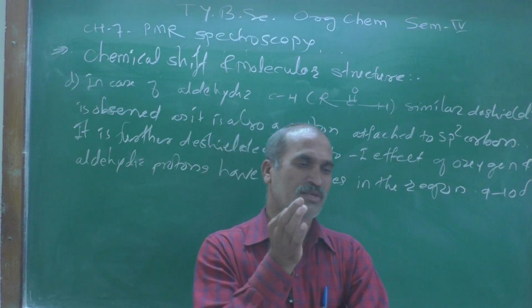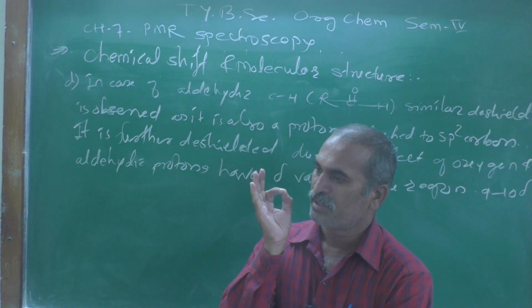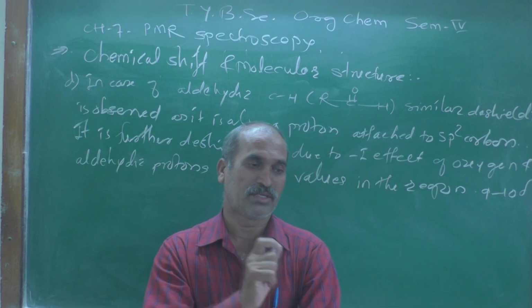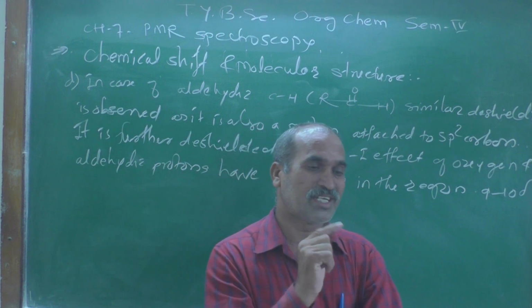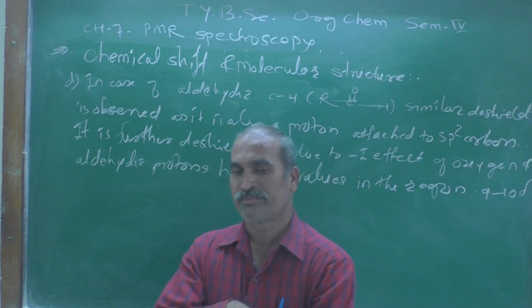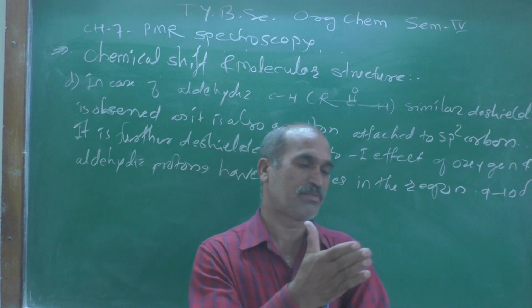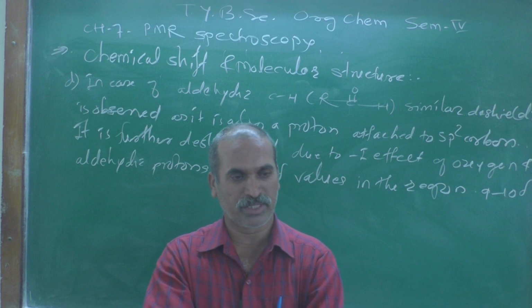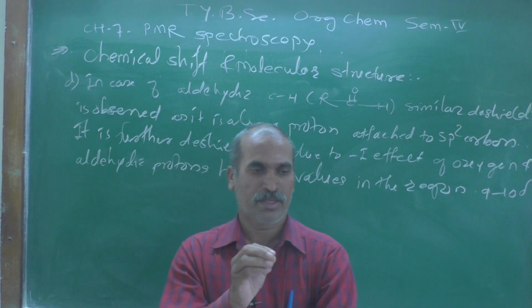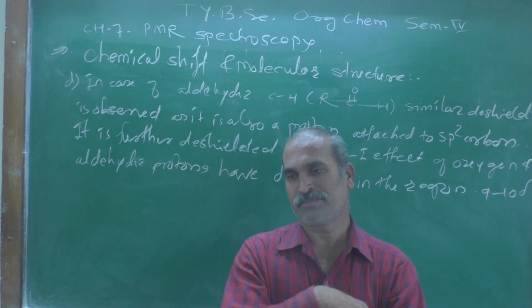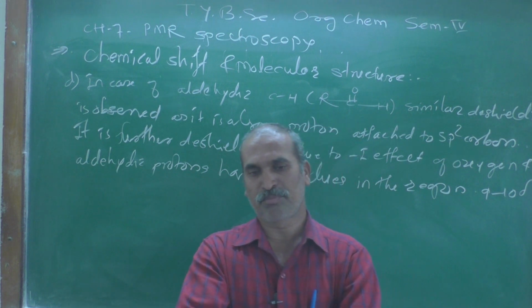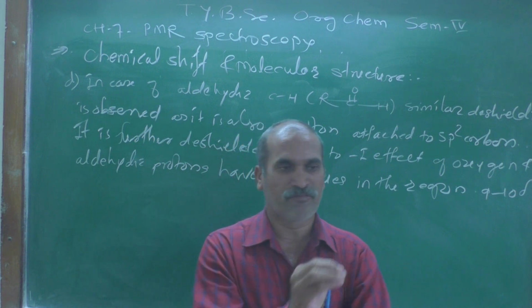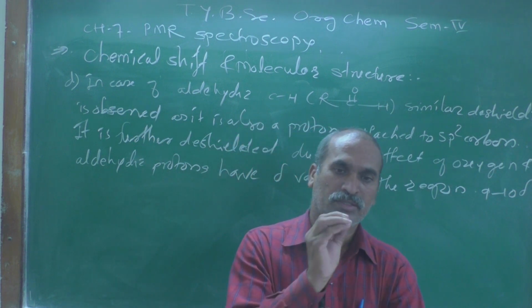So that is one of the characteristics of the aldehydic proton, which shows a delta value around 9.7 or 9 to 10. You should remember that while giving the approximate chemical shift value of particular protons.